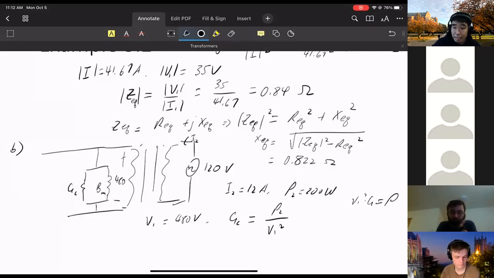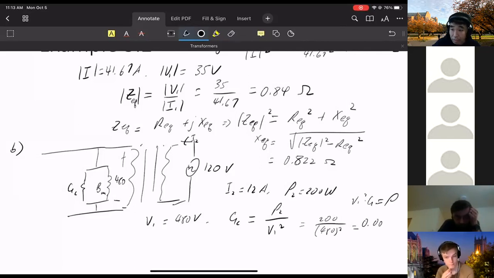Doing this calculation gives 200 over 480 squared. This is a very small number, 0.00087. What is the unit of 1 over resistance?